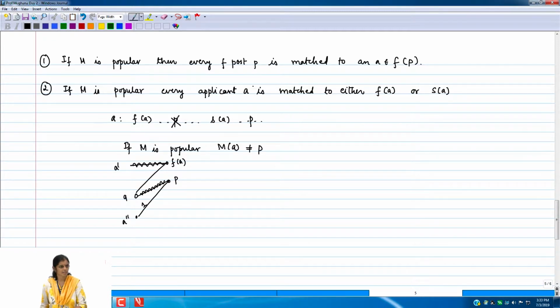In a very similar spirit, you should argue that it cannot be matched to somebody who is strictly worse than its S of A. Otherwise, you should be able to come up with 2 promotions at the cost of 1 demotion to show that there is a more popular matching. So this is the flavor of the argument here.